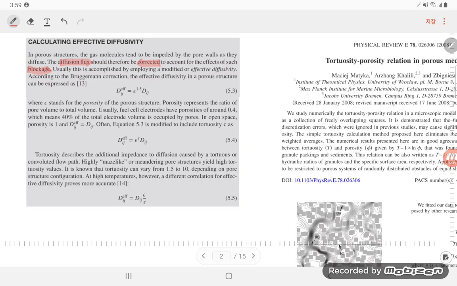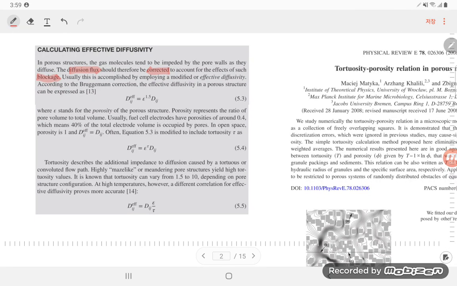Usually this is accomplished by employing the modified or effective diffusivity. According to Bruggeman correction, the effective diffusivity in porous structure can be expressed like this.